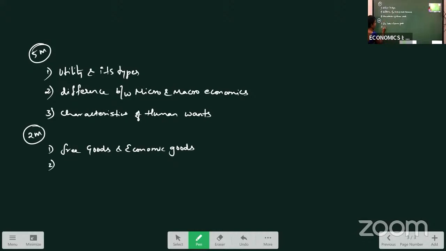Then next we have capital goods, consumer goods, and intermediary goods. These are the different types of economic goods we discussed in the previous class, right?